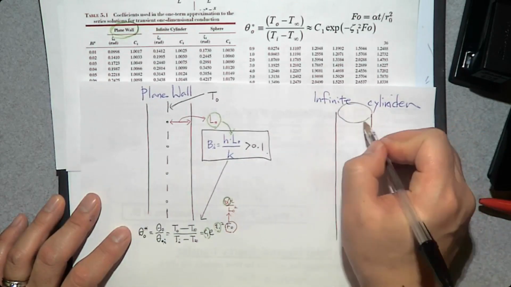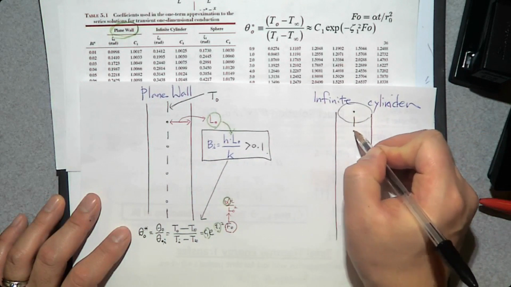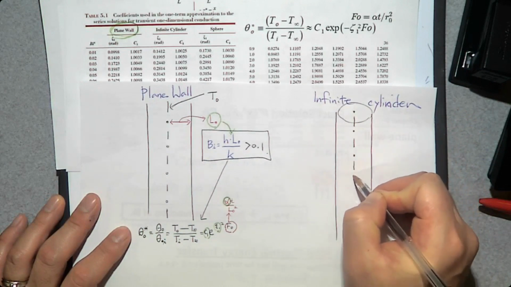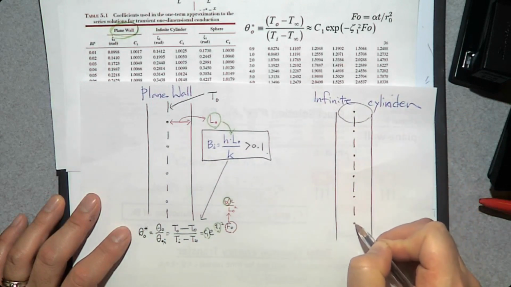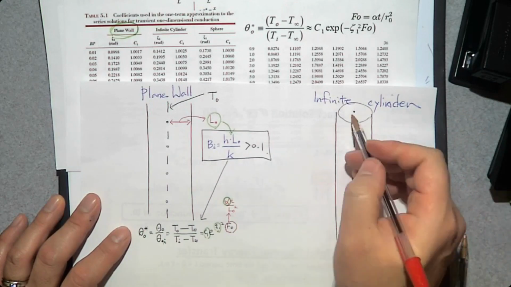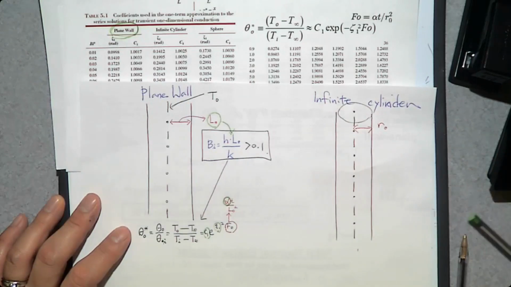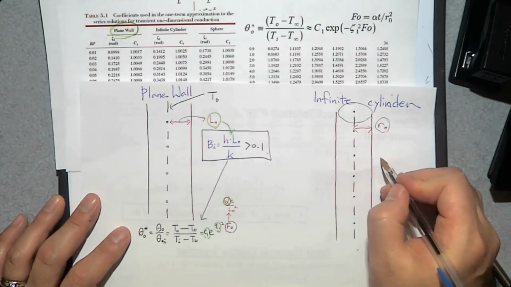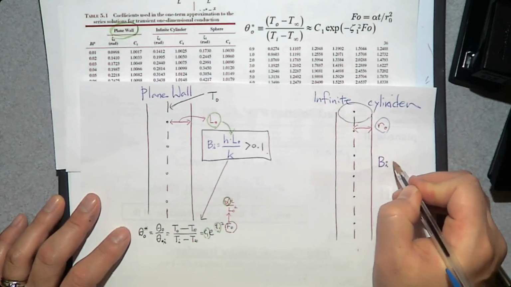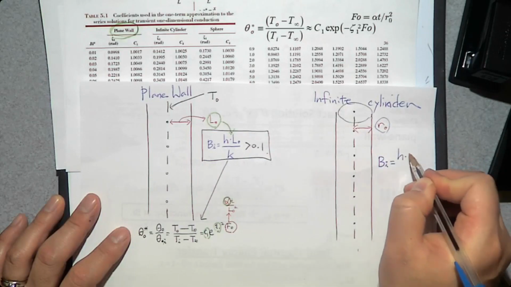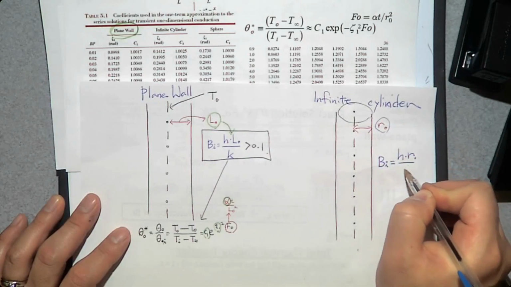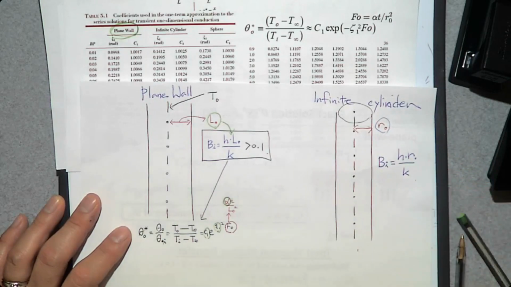In this case, we want to determine the temperature at the center again, and the radius is going to be R0. We use this R0 to determine the Biot number. The Biot number is h times R0 divided by thermal conductivity k.